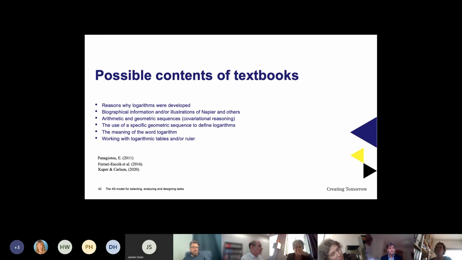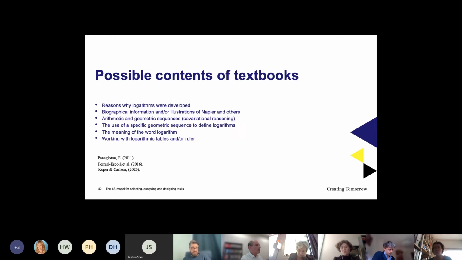But to go short, you could put in the textbook the reason why logarithms were developed, namely to shorten these lengthy multiplications. You could put in biographical information or illustrations. You could on Napier, or actually in this case, there were some Dutch people that helped with developing the concept as well. So that could be an interesting part to put in your textbook.